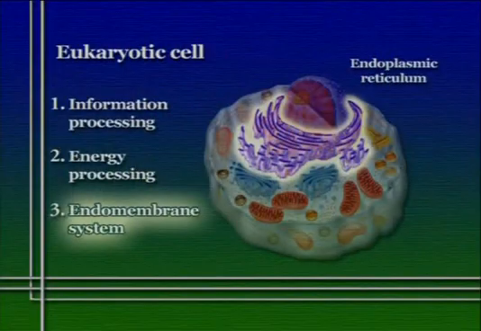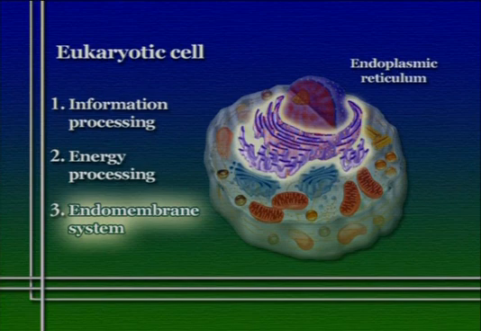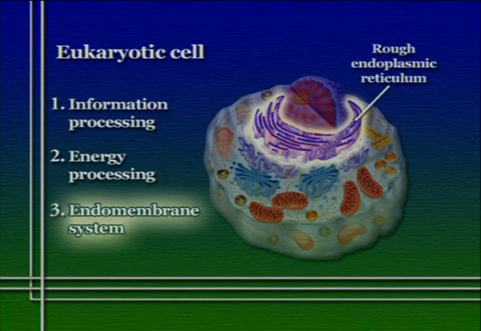Remember, one organelle of the endomembrane system that we described was the endoplasmic reticulum. You will find in cells endoplasmic reticulum that's called rough endoplasmic reticulum, rough ER. The reason it's called rough is because it physically has a whole bunch of little ribosomes attached to the membranes.